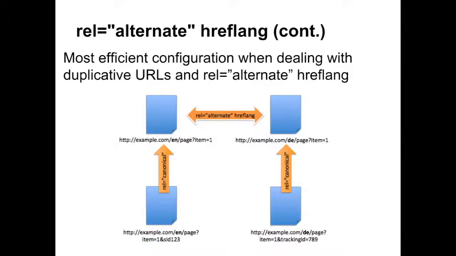It only needs to specify the rel canonical URL, for example, example.com/en page?item=1. Then, on this canonical URL, include rel alternate hreflang to the canonical German equivalent page, example.com/de page?item=1. If this sounds too complicated, just remember to include only canonical URLs whenever specifying rel alternate hreflang, and you should be fine.